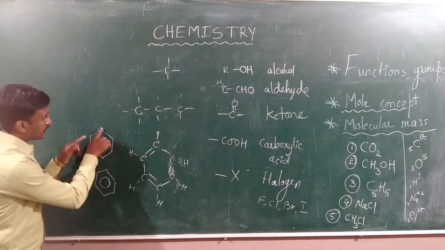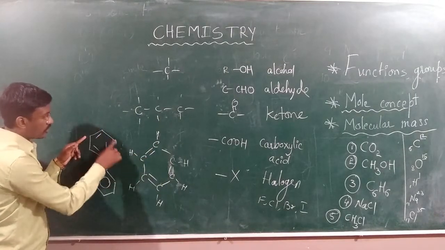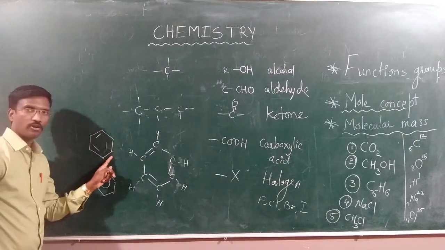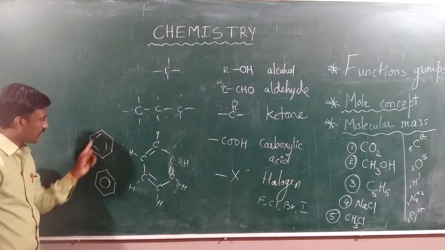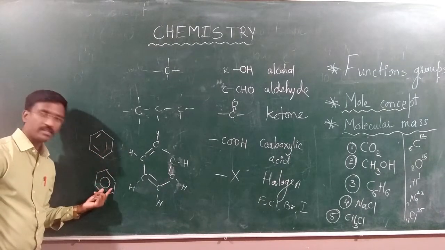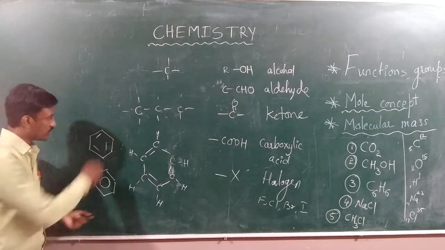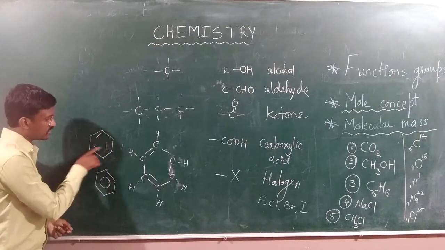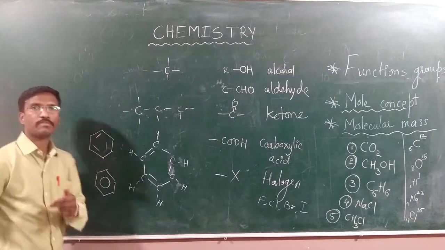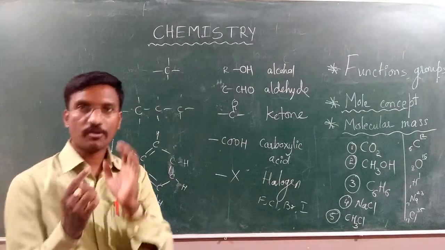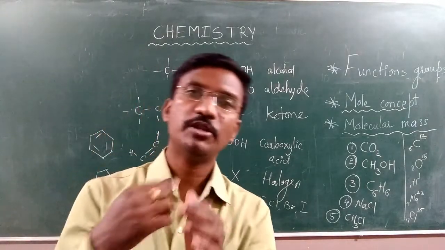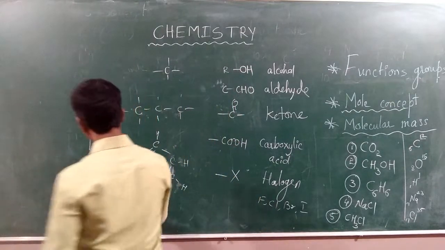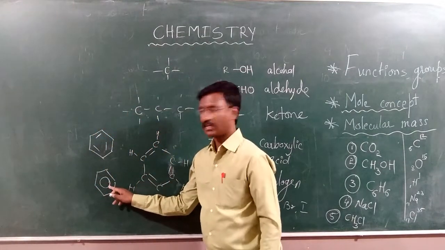Each corner represents a carbon, and the alternate double bonds can be represented by a ring inside because these are not fixed. The double bond may shift from here to here, then to the next carbon. Double bonds are not fixed to one position, they keep shifting from one to another. Therefore, we show benzene with a ring inside.